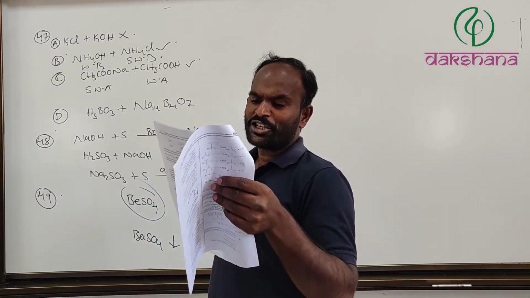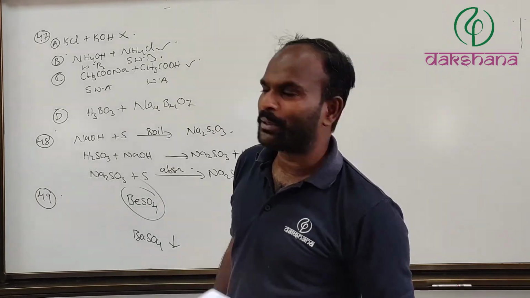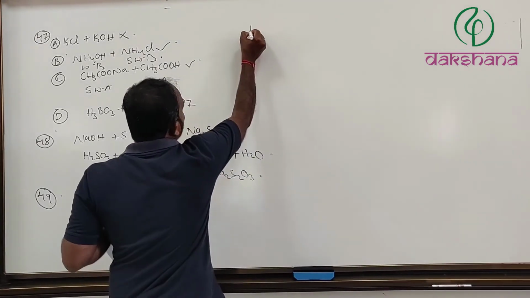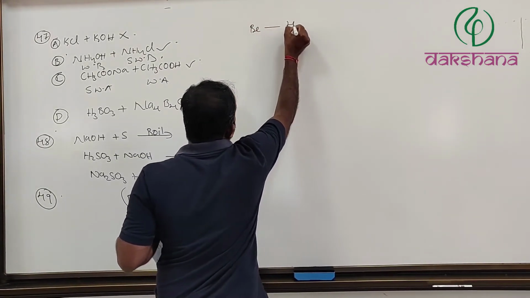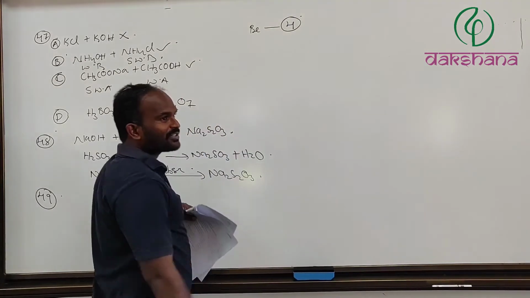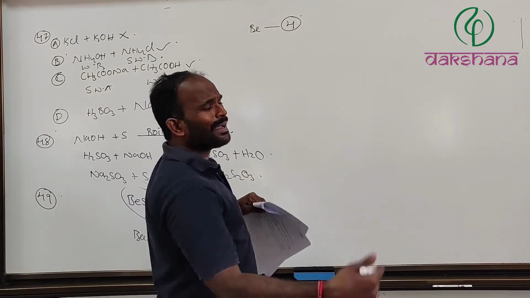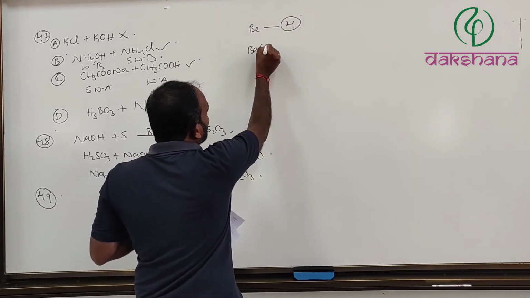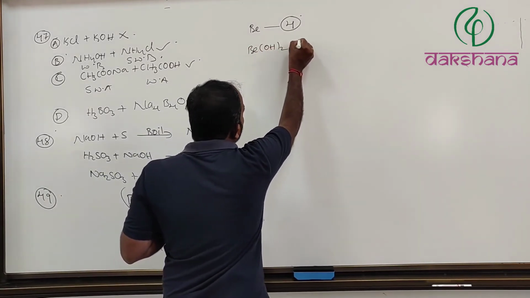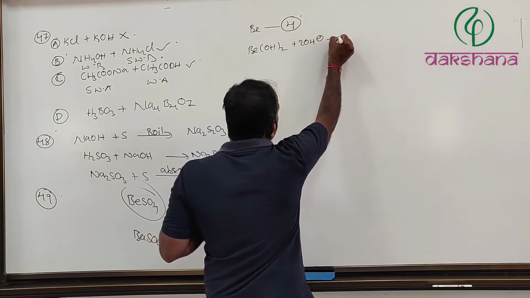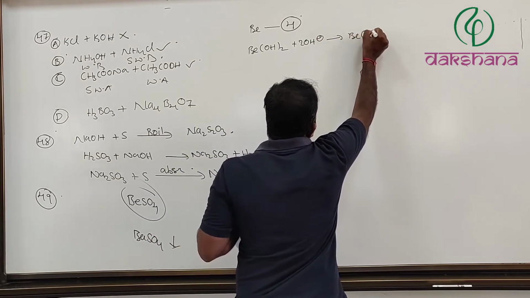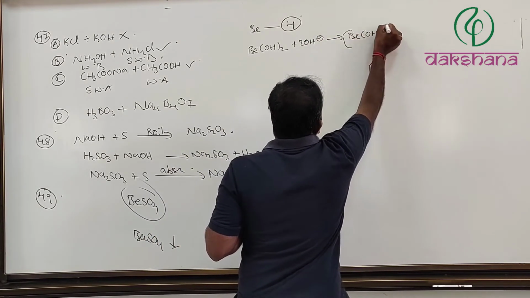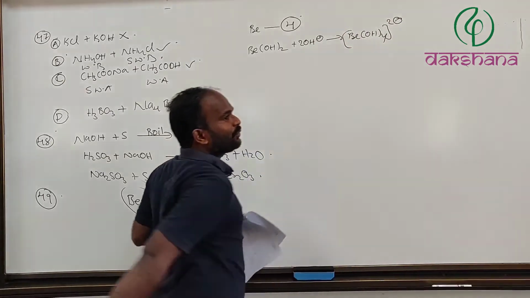Beryllium exhibits coordination number more than 4. It's not possible. Beryllium can exhibit a maximum coordination number of 4 only because of the absence of d orbitals. If you take beryllium hydroxide, Be(OH)2, when it reacts with another 2 moles of OH minus, it forms [Be(OH)4]2-. Why is it possible?